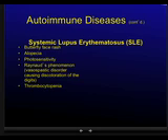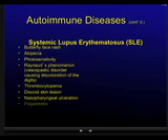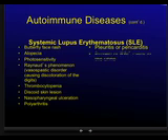Thrombocytopenia, meaning a lack of platelets. Discoid skin lesions, nasopharyngeal ulceration, and polyarthritis, along with pleuritis or pericarditis. Pleuritis, again, inflammation of the pleural membrane, and pericarditis, inflammation of the pericardium.